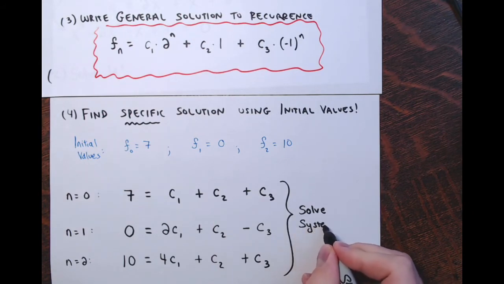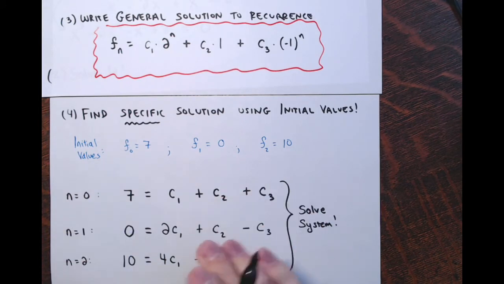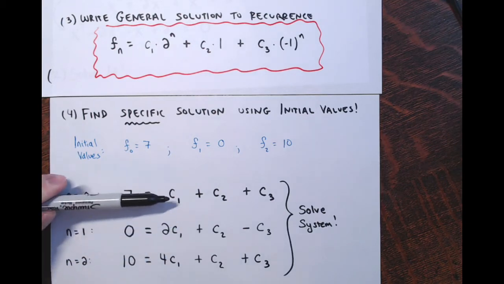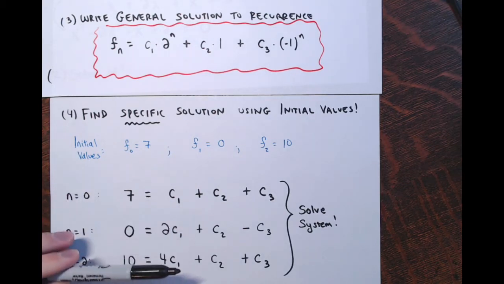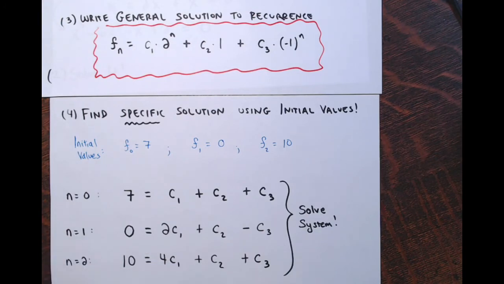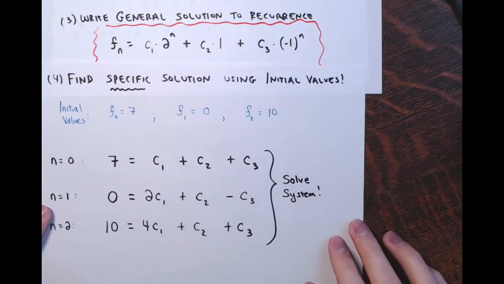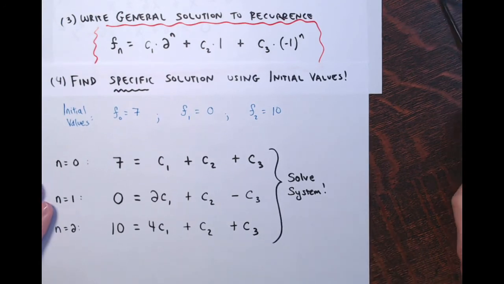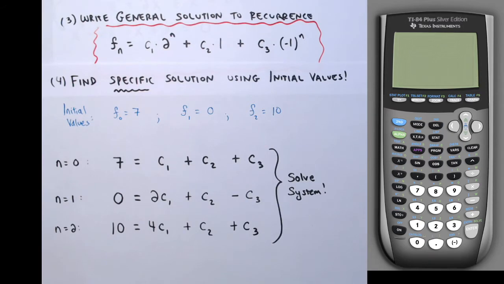Now I'm going to show you a quick way of solving the system on a calculator. You've seen systems of equations in an algebra class. You could solve this with elimination or substitution, but I'll show you a much quicker way. Hopefully you can remember this. Come back to the video multiple times if you haven't seen this before. Those of you that have taken a linear algebra class know exactly what I'm talking about.